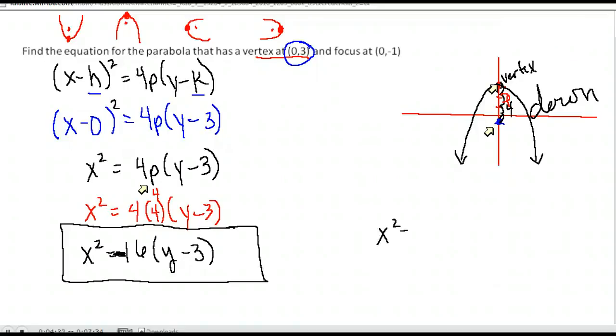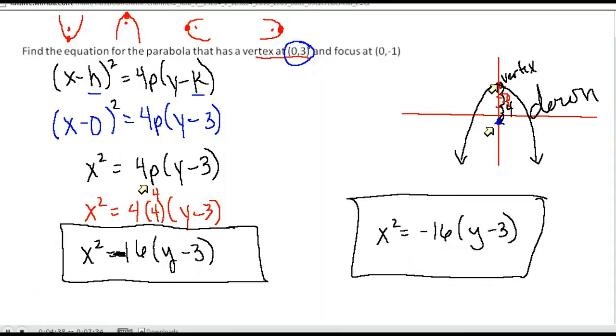It's a little messy, so I'm going to rewrite it right here. The negative is kind of running into everything. Okay, that would be the standard form. So again, the first thing I suggest is drawing a picture so you can tell whether it's a vertical or a horizontal parabola and which direction it's opening. Then you write down which standard form you're working with, whether it's an x squared or a y squared, and just kind of substitute the values as you go.